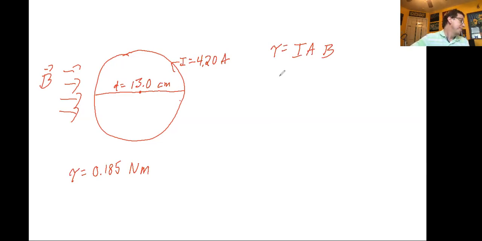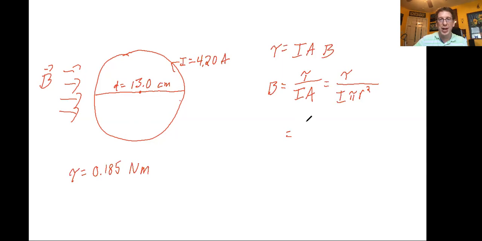So we're asked to find the magnetic field strength. So the magnetic field strength is equal to tau, which we're given, divided by I times A. We're given I, we're not given A directly, but we have enough information to figure out what A is. It's circular. So the area enclosed by a circular loop is just pi r squared. And we can figure out r from the diameter, but remember, we're not given the radius directly.